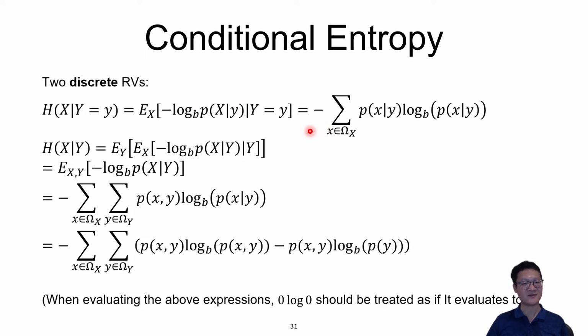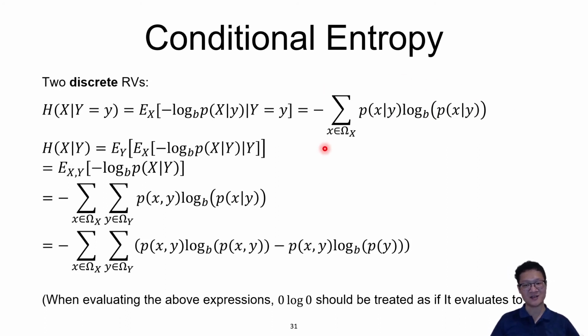Now applying the definition of conditional probability distribution as well as conditional expectation, we take the function negative log b of p of x given y, and we multiply that by the conditional distribution p of x given y. So this is a conditional entropy.